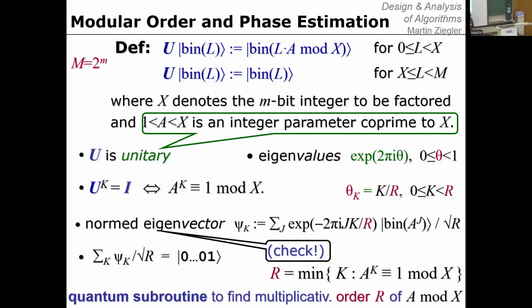Not the one with all zeros, but the one with all zeros and 1 at the last digit. So for now, believe it, but at some point, I want to encourage you to verify that. Because that's the connection between quantum phase estimation and the order calculation which Shor's algorithm, a hybrid algorithm, needs to factor.